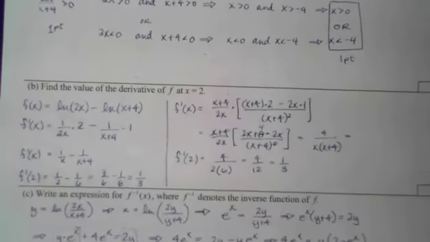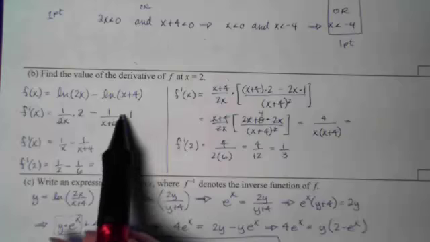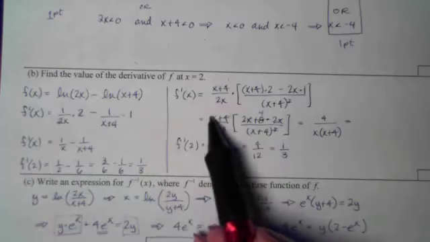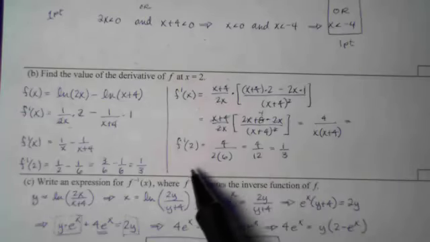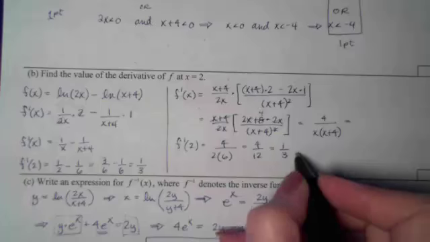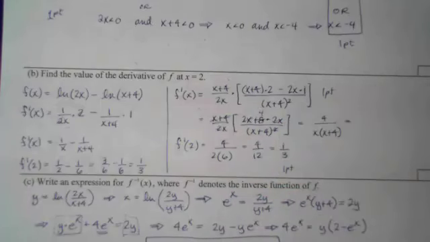On part B, to find the value of the derivative at x equals 2, this is worth 2 points. 1 point for taking the derivative, so you could either have it written this way or this way, I don't really care. And then 1 point for evaluating at 2. So 1 point for the evaluation, 1 point for the derivative.